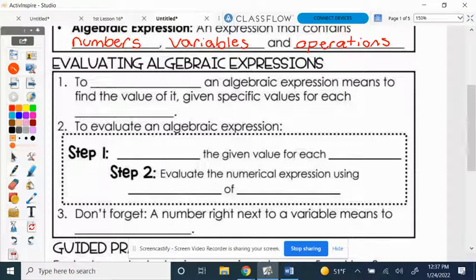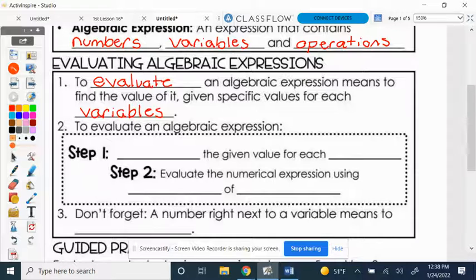To evaluate an algebraic expression just means to find the value of it given specific values for each variable. We practiced writing them with the variables, and now we're finally going to be told what those variables mean, and we're going to be able to actually solve it and get a final answer.